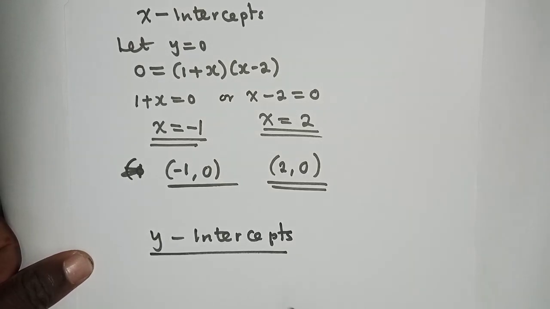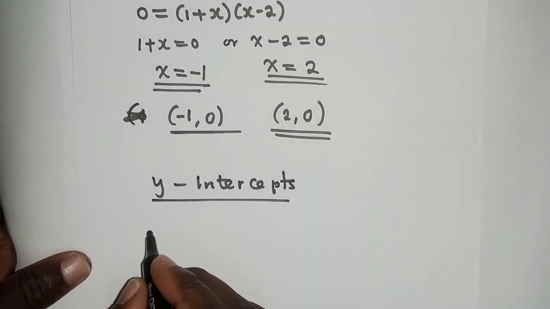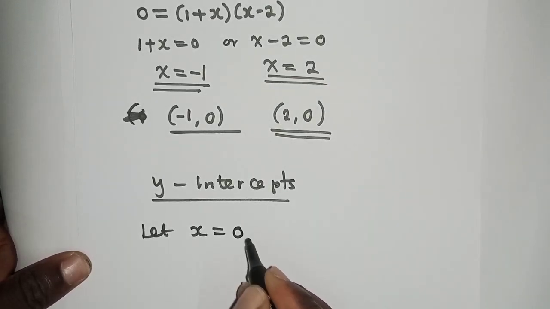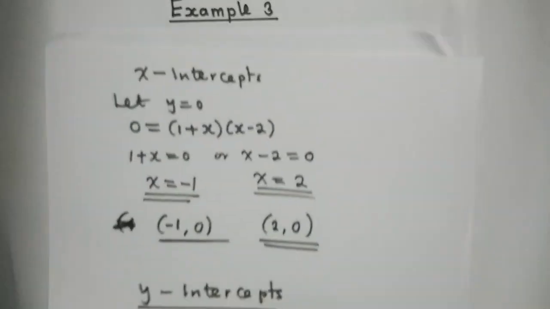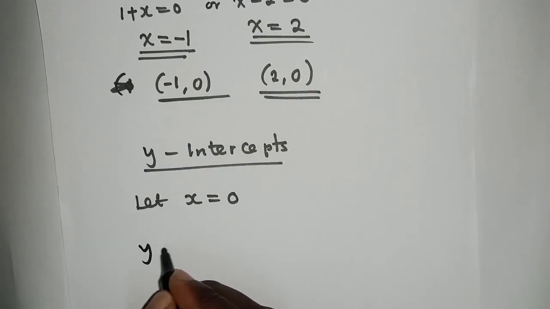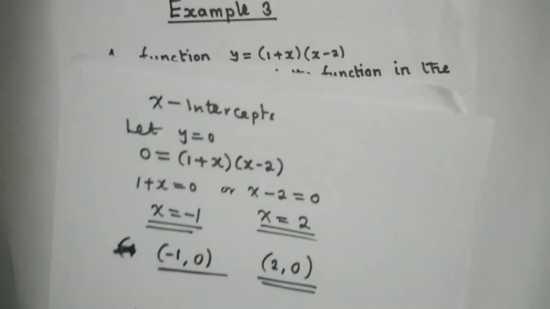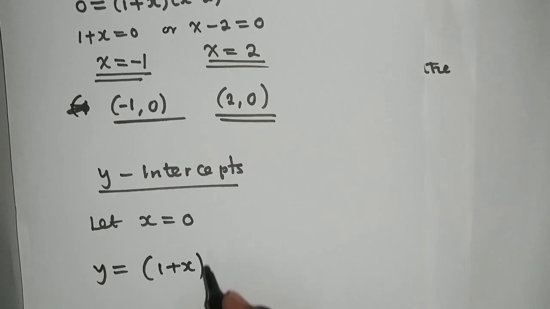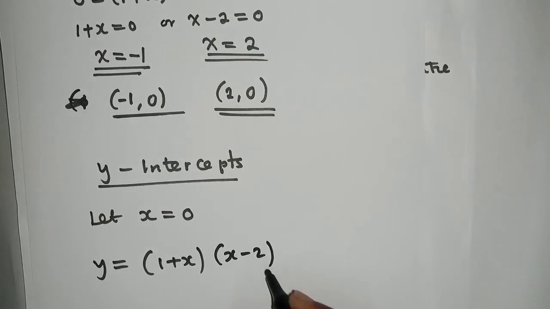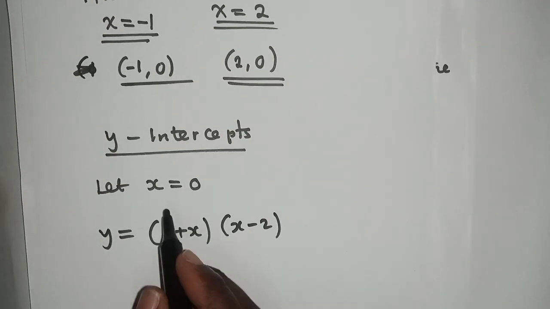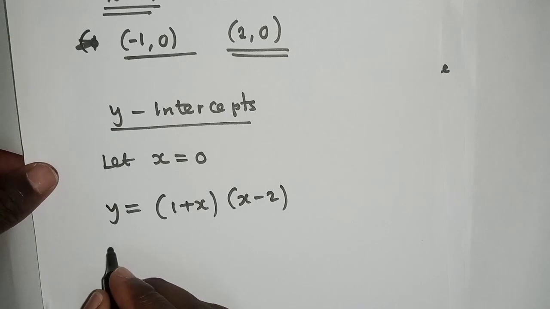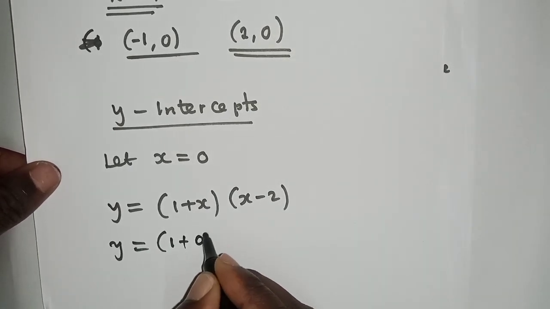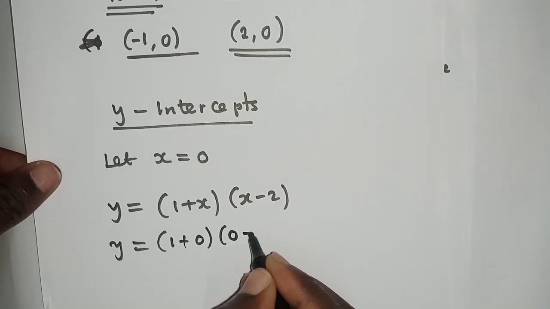So for the y-intercept, we will let x be equal to 0. Our function is y is equal to 1 plus x, x minus 2. Now, since we are letting x equal to 0, we have y is equal to 1 plus 0, 0 minus 2.